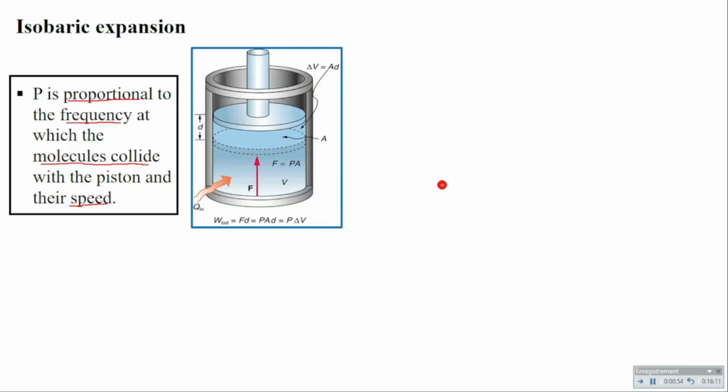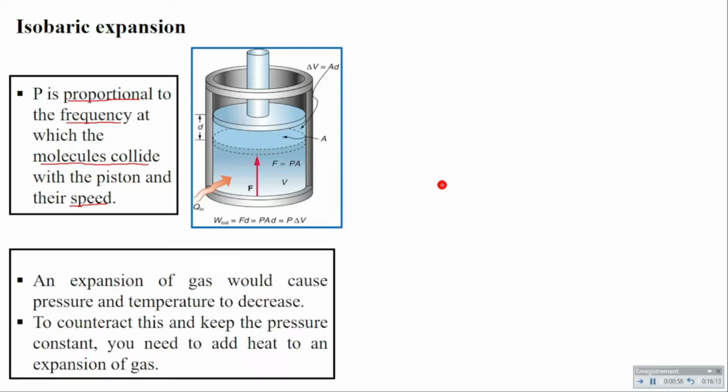So how do we make the pressure stay constant? Here we need to add external reservoirs to supply the heat, so that the molecules can be accelerated to compensate for the pressure during the expansion. An expansion of gas would cause the pressure and temperature to decrease.